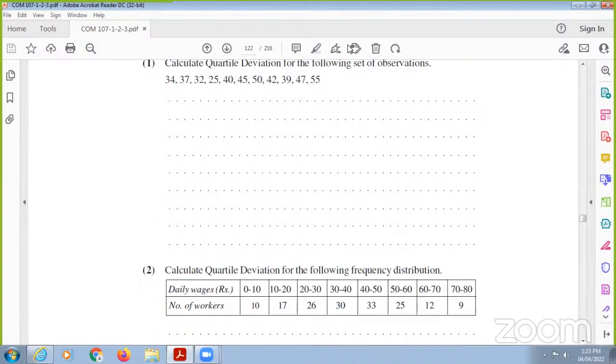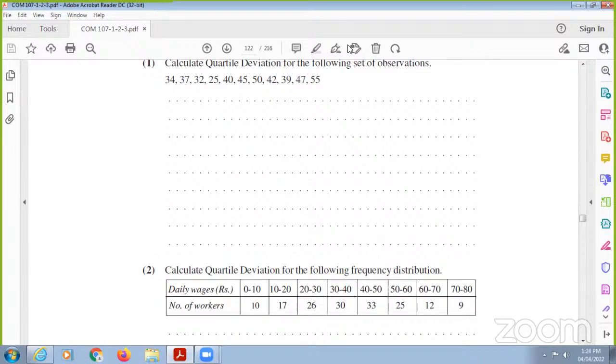Here also you will find the answer. 0 to 10, 10 workers, cumulative frequency 10; 10 to 20, 17, cumulative 27; 20 to 30, 26, cumulative 53; 30 to 40, 30, cumulative 83; 40 to 50, 33, cumulative 116; 50 to 60, 25, cumulative frequency 141; 60 to 70, 12, cumulative 153; and 70 to 80, cumulative 162. The total number is 162.